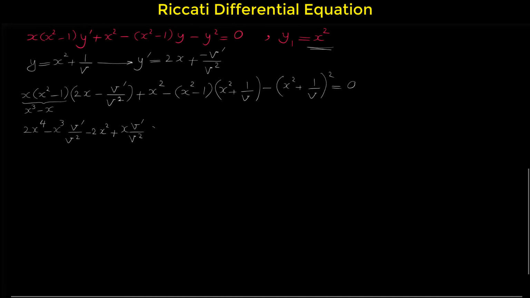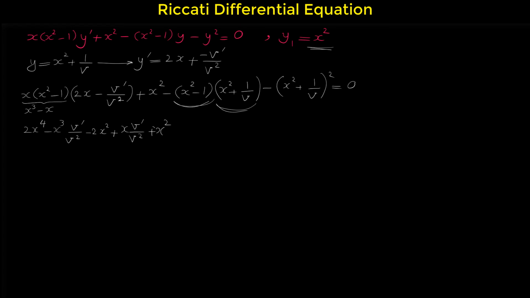Okay, plus x squared, we write this x squared. If we multiply this bracket in this bracket, term by term, we have negative x to the 4 minus x squared over v plus x squared, and finally plus 1 over v.